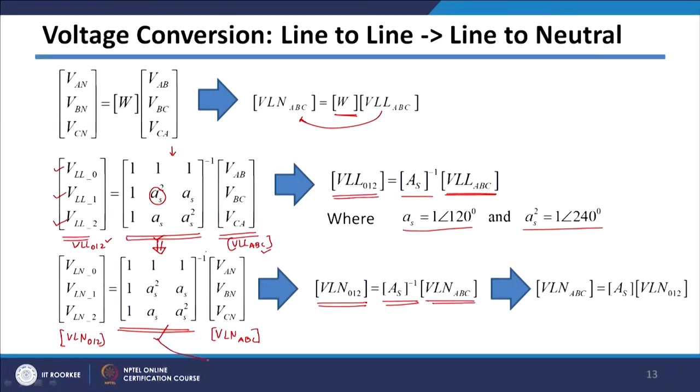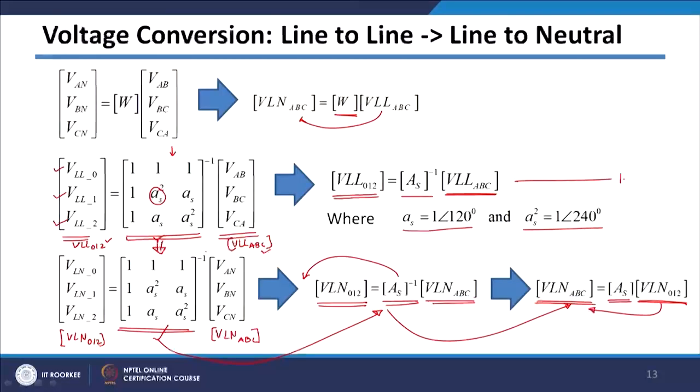We can again write this equation by taking AS inverse to the other side. In this case VLN ABC phase quantities will be AS matrix multiplied by VLN 012. So here we are converting sequence quantities into phase quantities. We have got these two relations here.